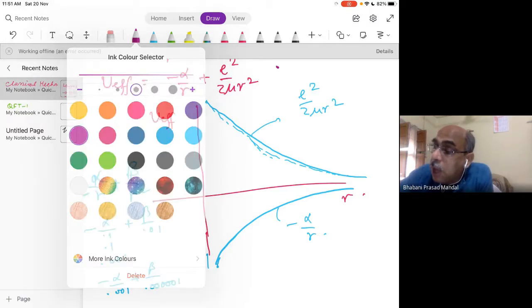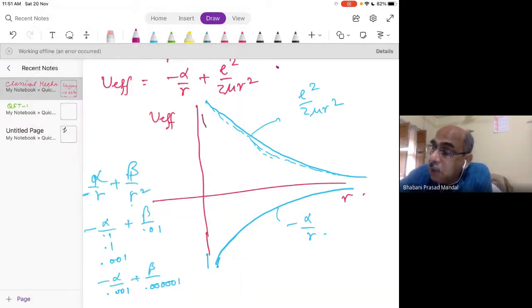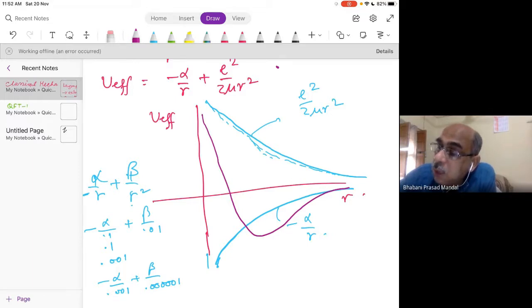Then after a certain point this curve will come to negative, and at infinity it will be negative. Now with r going to infinity, the 1 over r square term will go to 0 faster.